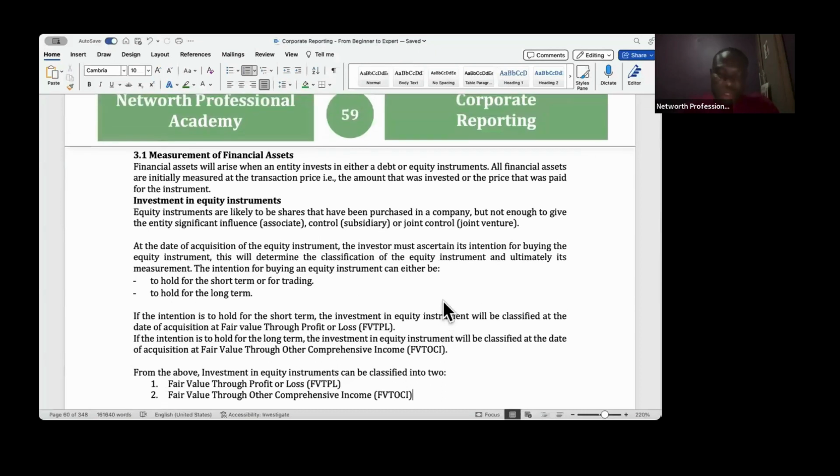So when somebody looks at your books and sees that this financial asset is at fair value to P&L, they will know that you bought it purposely to hold for trading. That is, if you see an opportunity to sell at a higher price, you will sell. But if it is at fair value to OCI, a knowledgeable user will know that you are holding it for the long term, meaning even your children might meet it.